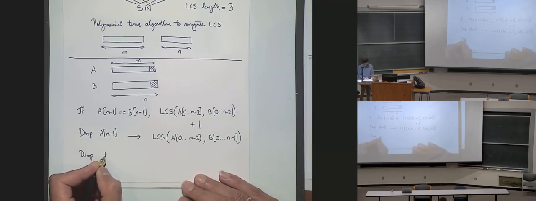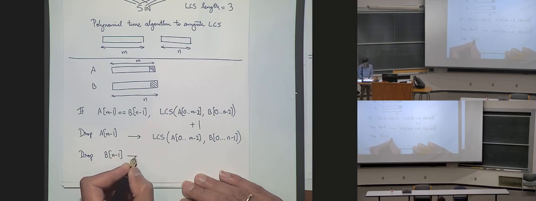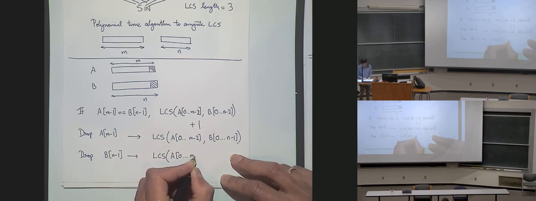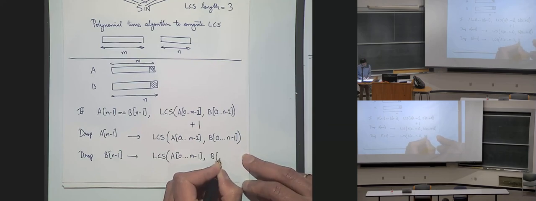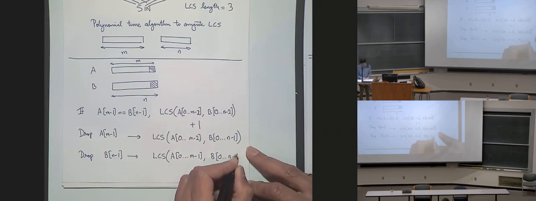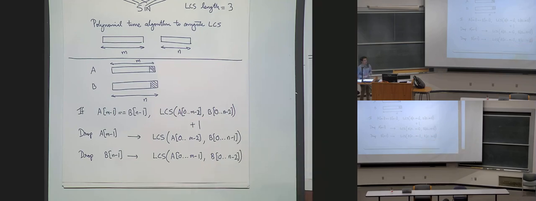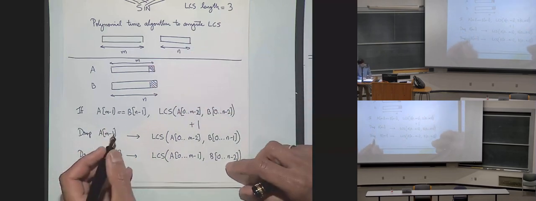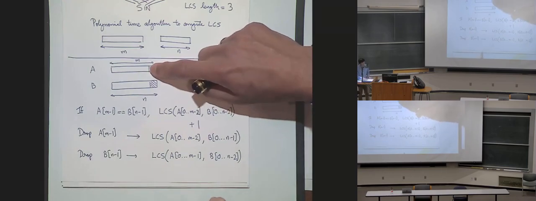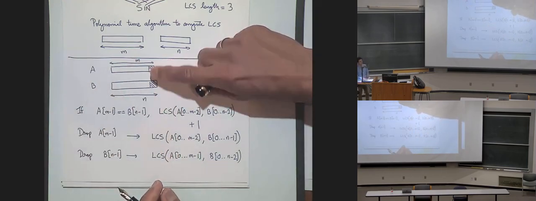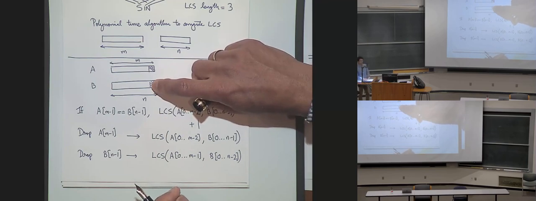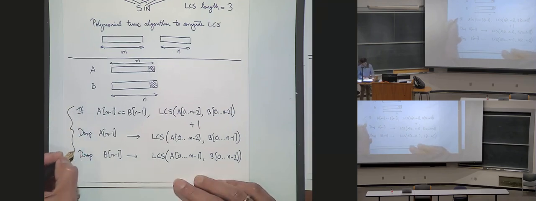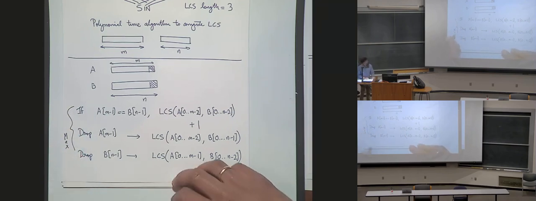Or I could drop B of n minus 1, and then I keep A, but I remove one character in B. So this is saying that either I match these, or I drop one character, and I just look at the LCS of what's left, or I drop the other and look at the LCS of what's left. And again, I just take the maximum of these three cases.